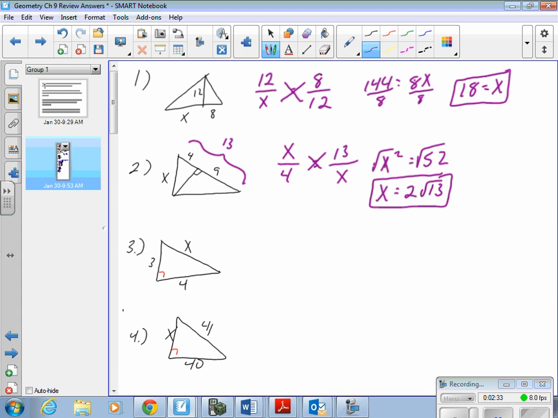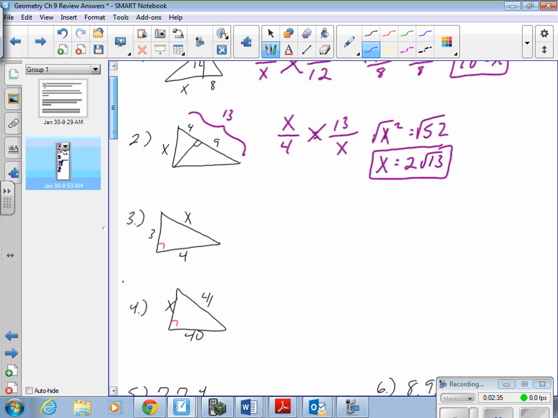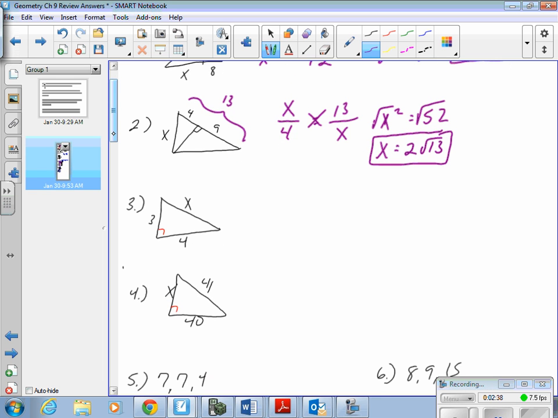So then number 3 and 4 here, we are just using the Pythagorean theorem. All right, so c squared equals a squared plus b squared. And so remember that c is always the hypotenuse, so our hypotenuse is the x.